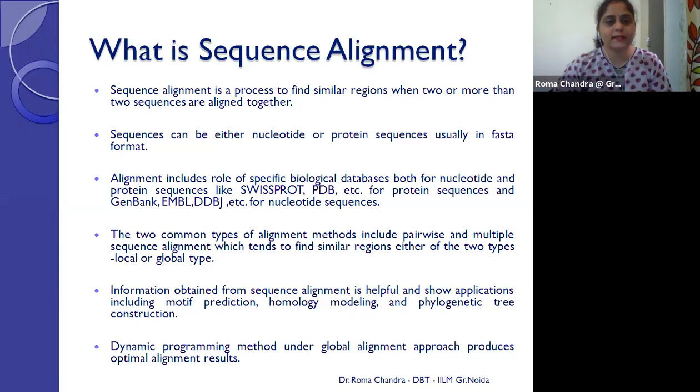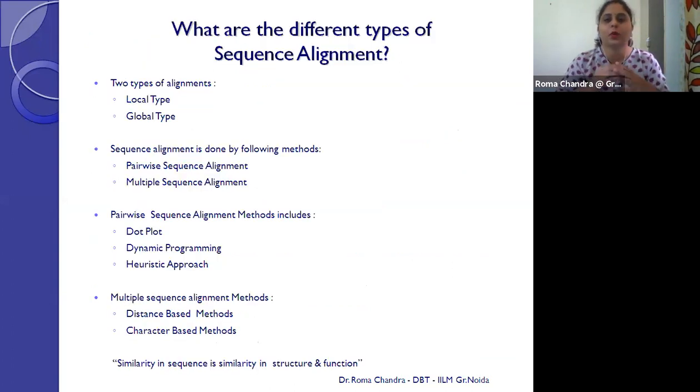Now moving to the next slide, you can see the different types of sequence alignments. I told you there are basically two types of alignments: the first one is local type and the other one is global type. Local type, global type, pairwise type, multiple type. But the main purpose is to search for similar regions.